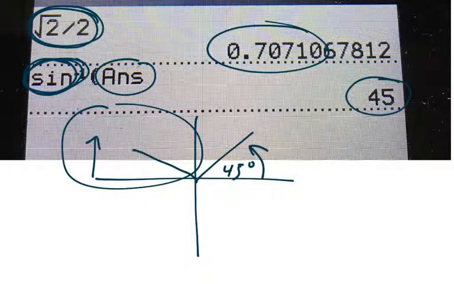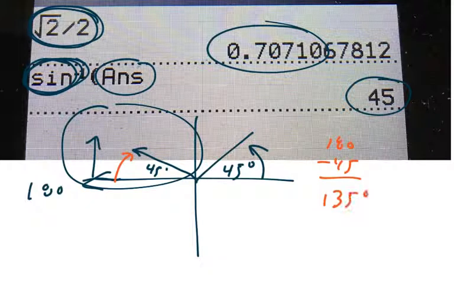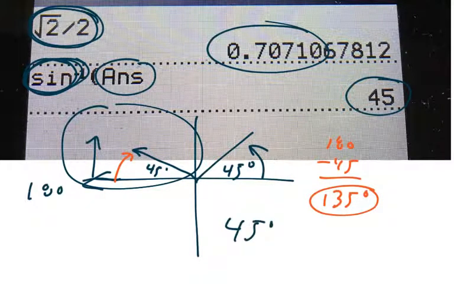So what's a 45 degree angle here again? We already calculated that in the last problem. This is 180, so if I'm going back up there 45 degrees, I know 180 minus 45 is 135 again. So this time my answer is 45 degrees and 135 degrees.